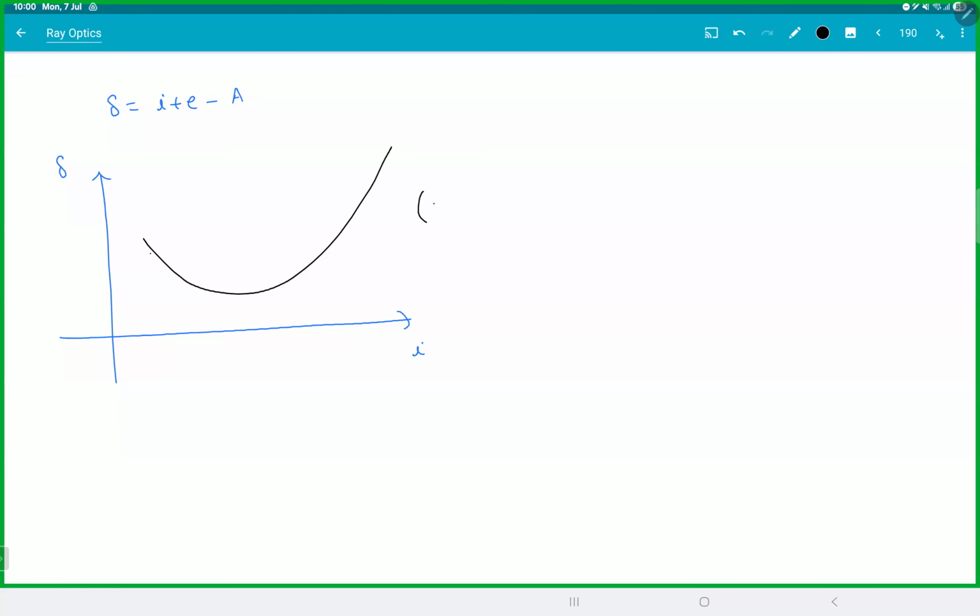This is not a parabola. If you observe here, the graph terminates on the left-hand side. This happens because of TIR. Below that angle of incidence, there is no light ray which will come out, so we don't study there. This point here is your minimum deviation.